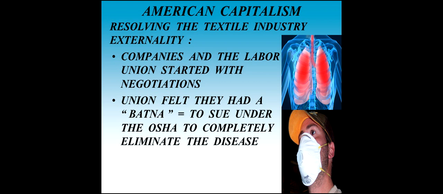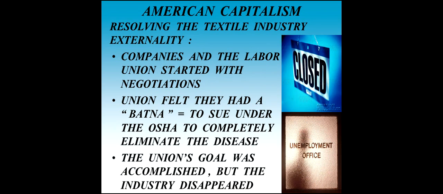Now, in this classic case, the unions and the workers did not really have a legitimate BATNA and really didn't understand their opportunity cost, because in doing so they eliminated the disease, but they also eliminated the industry's presence in the United States as it went offshore, and therefore everybody lost their jobs, or near everybody lost their jobs.